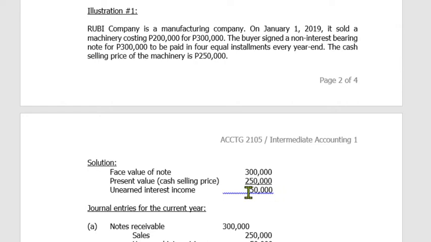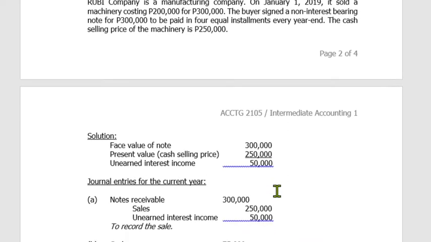Kumbaga, ito yung income mo for the receipt of the note at yung comparison with the present value of the machinery today. So, 50,000 ang iyong unearned interest income dahil hindi mo pa yan na-earn.